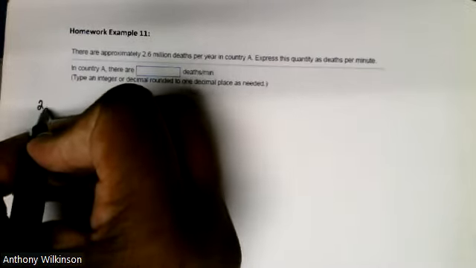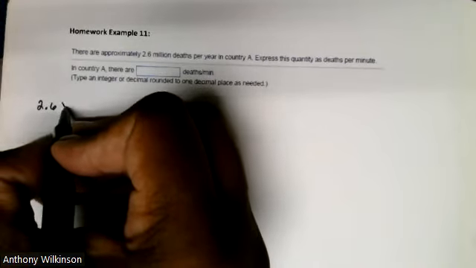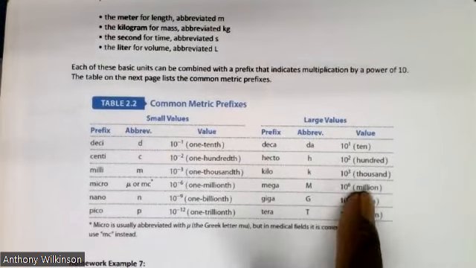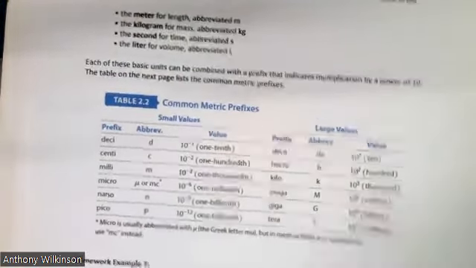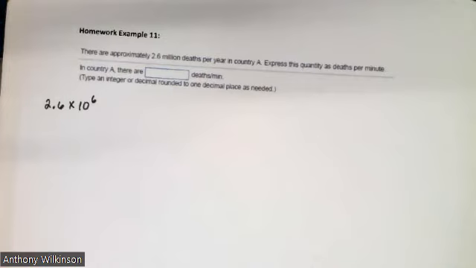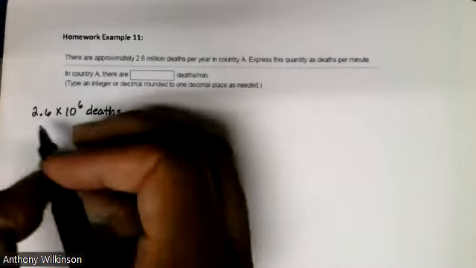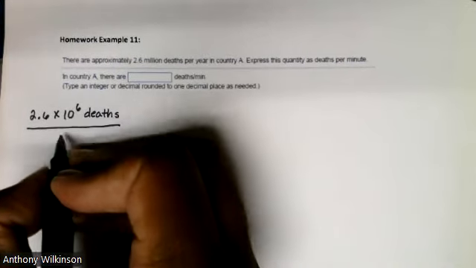In this case, the 2.6 times 10 to the 6, because million means as a power of 10, 10 to the 6. And this is deaths, and I'll just write that word out, per year. That means for every 1 year.